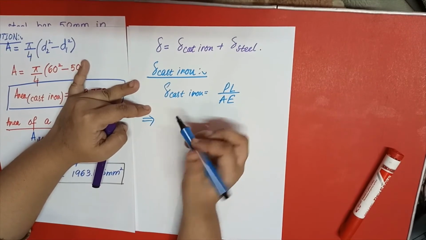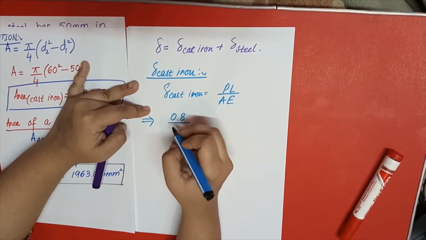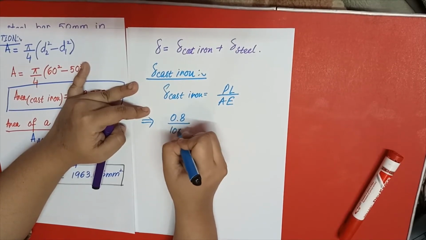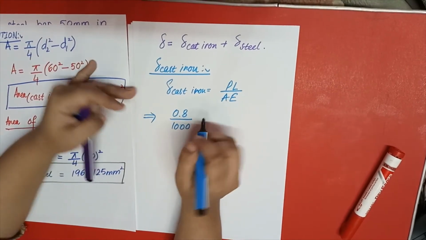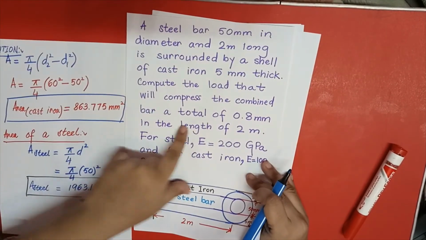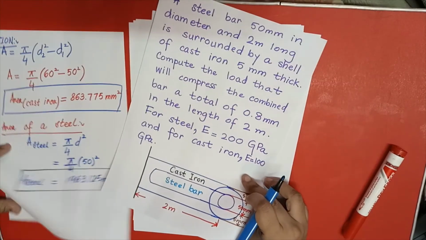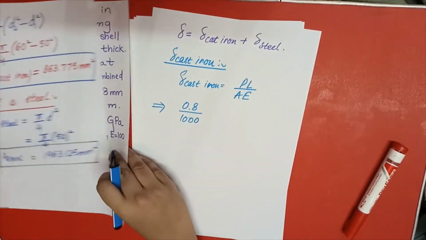If it is not given, we can search on the internet as well, or Google it. So 0.8 divided by 1000. Why is it so? The total deformation is given to us, that is 0.8 millimeter in the length of 2 meter.